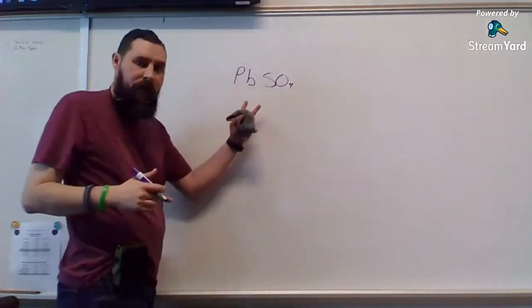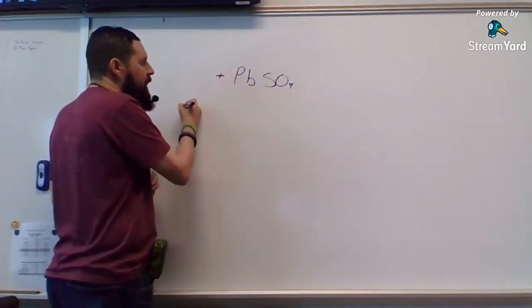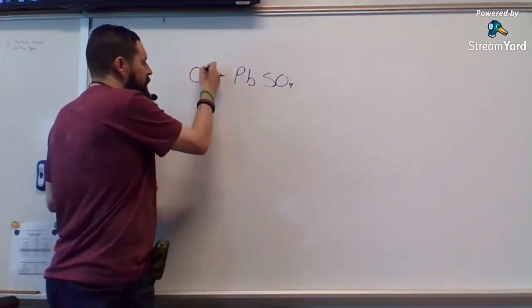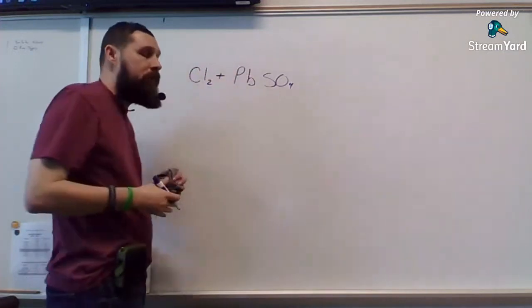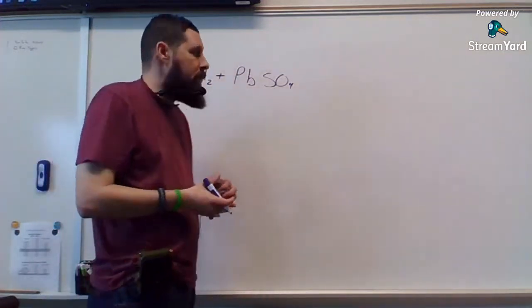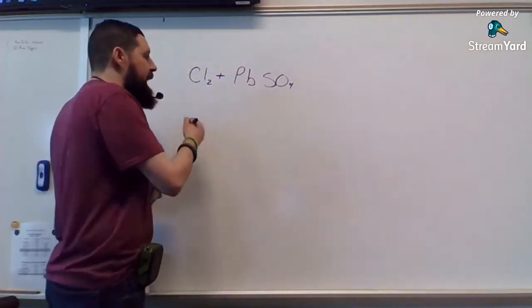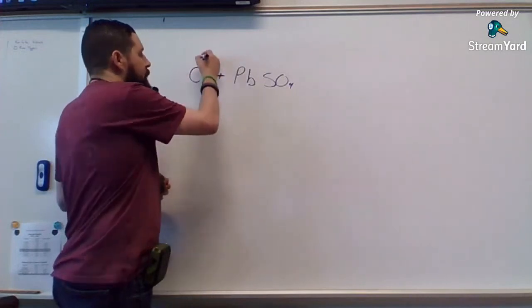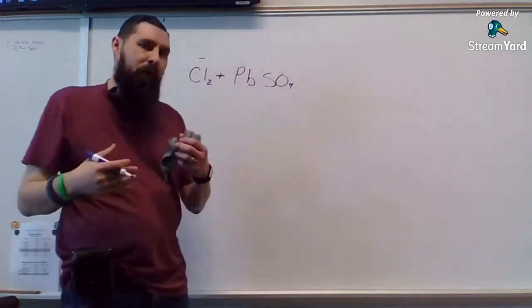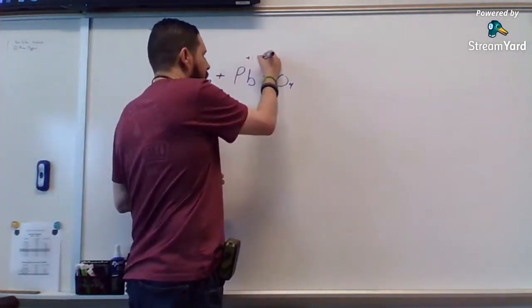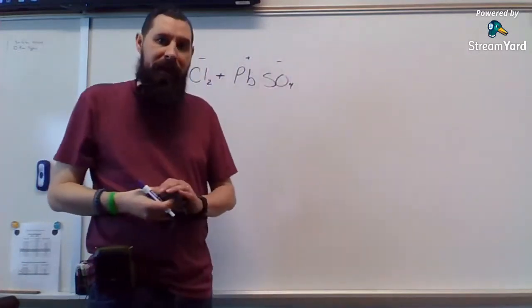And so this is my compound, and I introduce to this, say, chlorine. Okay, so I'm going to show you that example of the negative displacing. So chlorine within a compound would be the negative charge. Lead is my positive. Sulfate is my negative.